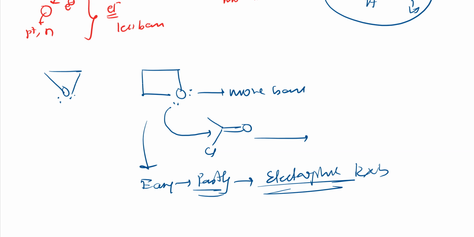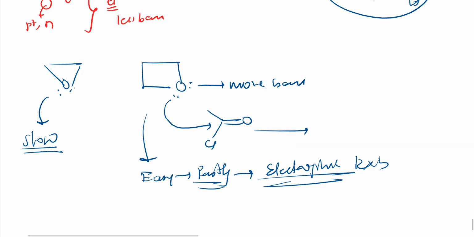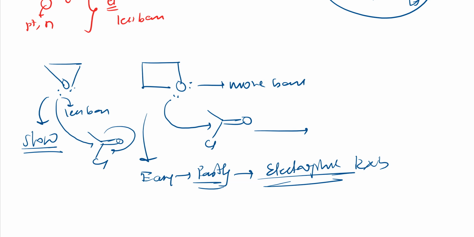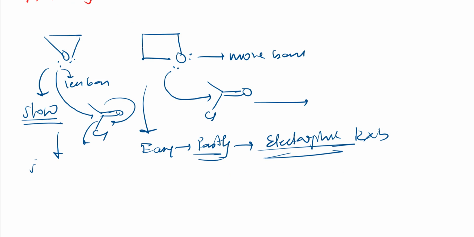Whereas this one is slow, for the reason I have explained. These lone pairs are less basic, so they never give their lone pair easily to the electrophile. So slow electrophilic ring opening reaction. This is the first point.